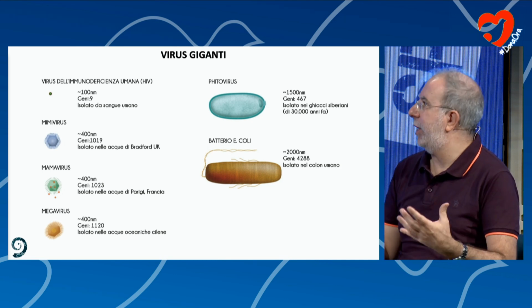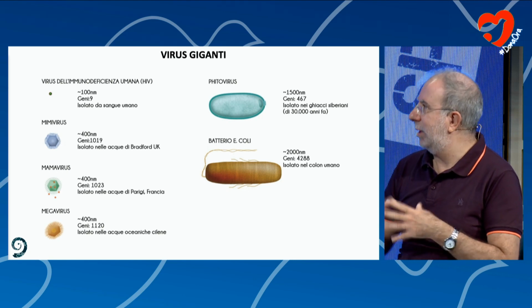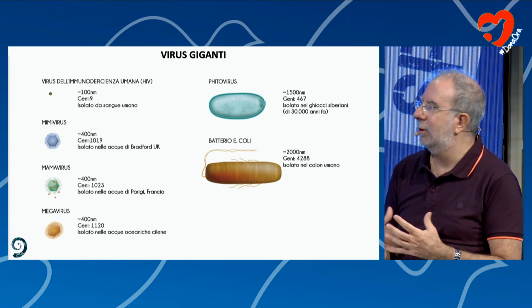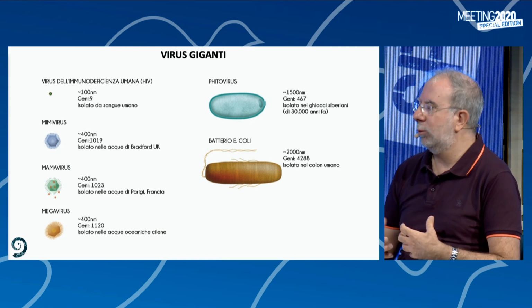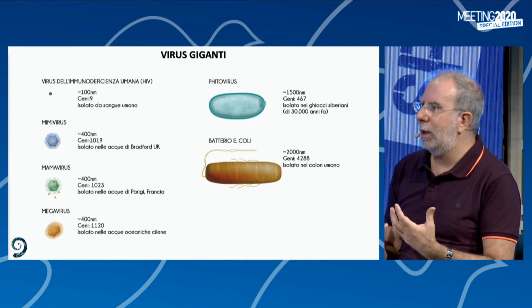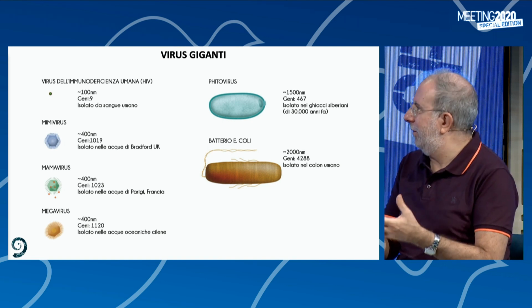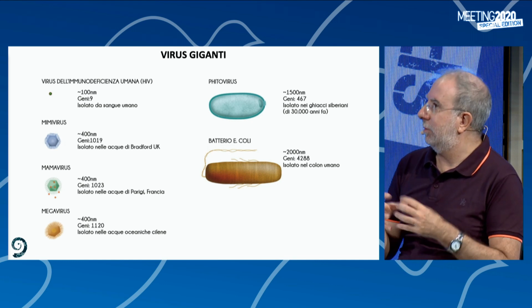If we take into account, for instance, HIV, we have about 10 genes. For Escherichia coli, we have about 4,000 genes, whereas this giant virus has thousands of genes.